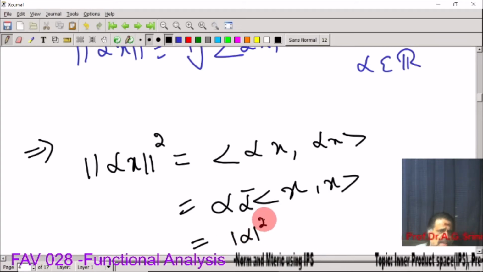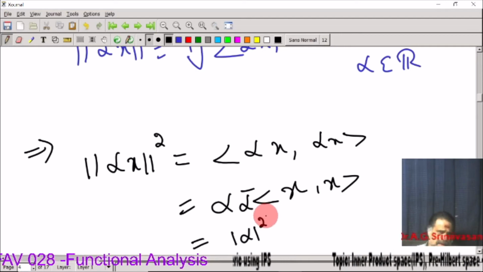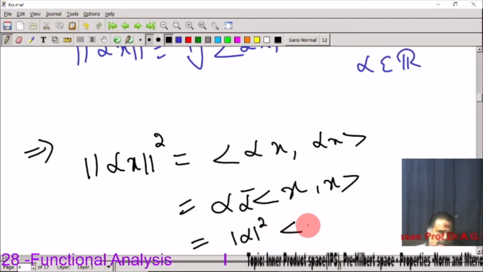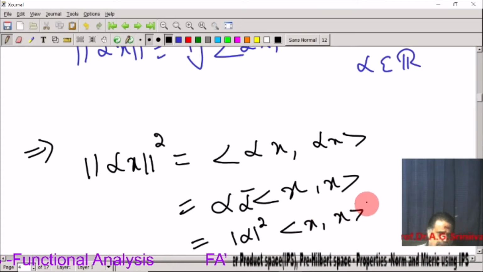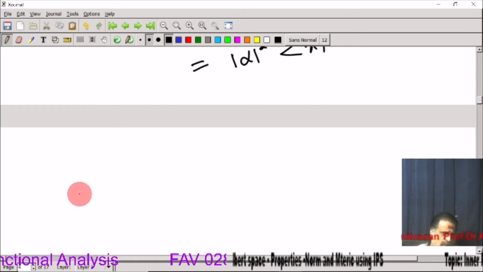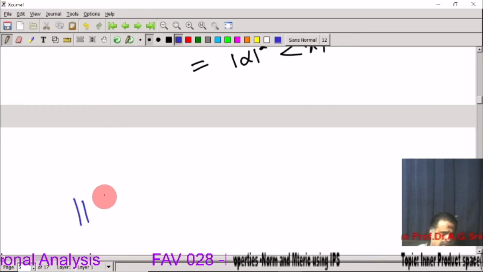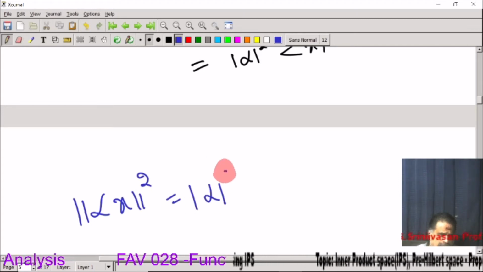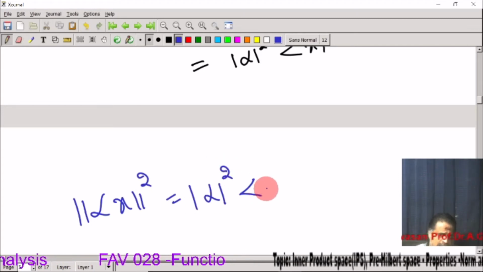If alpha is a real number, it's alpha square. So in any case, it's the same. So this is going to be inner product xx. Therefore, norm alpha x square is modulus alpha square into inner product xx.